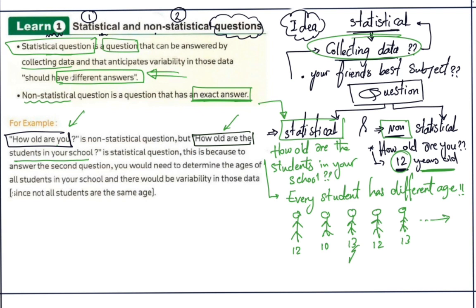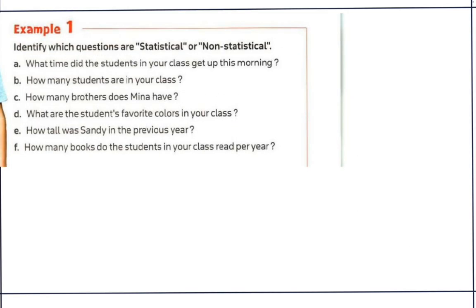We have a first example to check our understanding. Let's go. Example number 1. Identify which questions are statistical or non-statistical. Just write statistical or non-statistical, and why, of course. Point A: what time did the students in your class get up this morning?